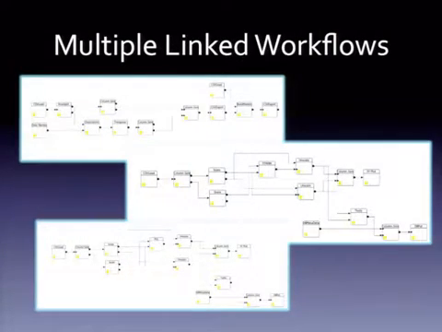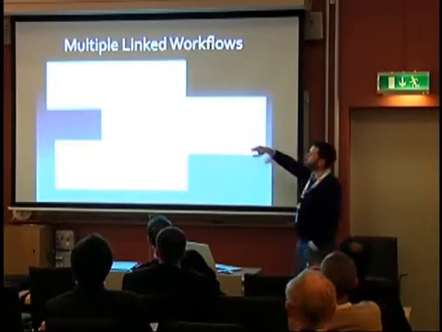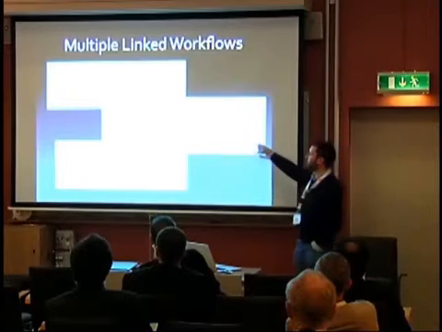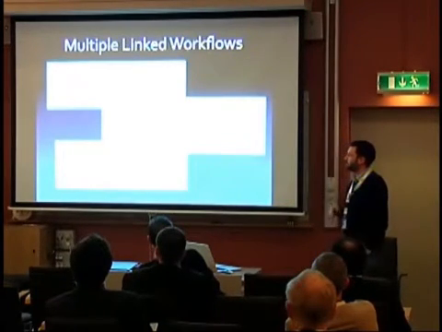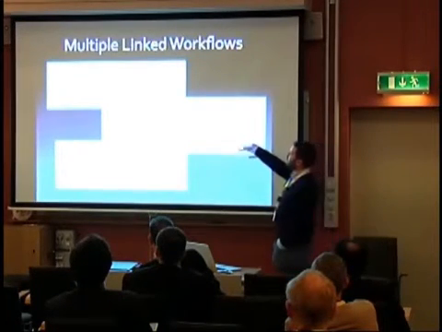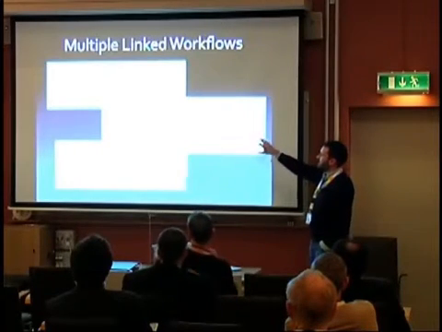Now ours are a bit more complicated than that because these are some of the actual workflows we use. The workflow at the top does some work, gets a set of results, and then schedules one of the middle workflows for every line in the results file. The same happens in the middle workflow, where it does some work.